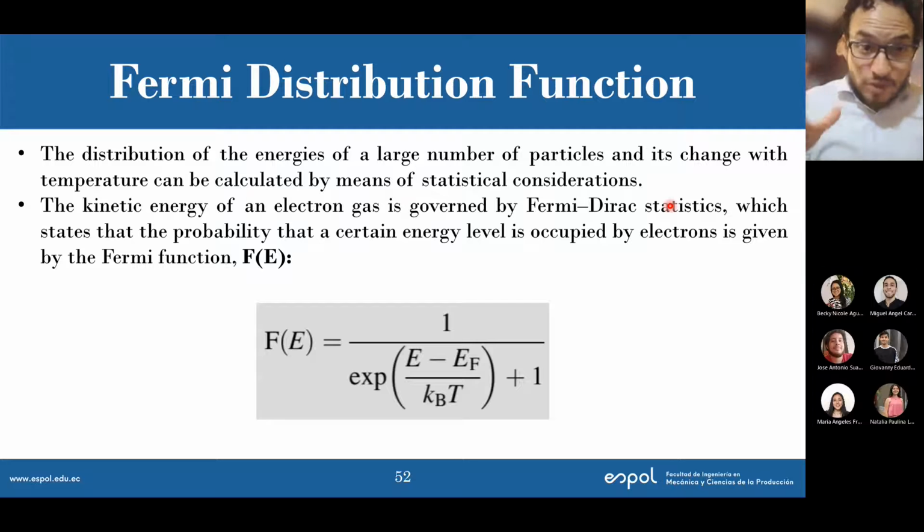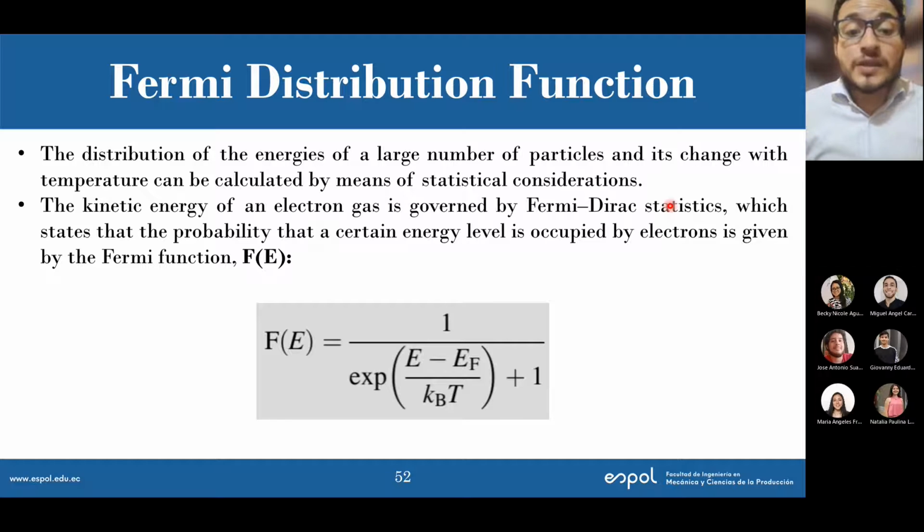This formula allows me to determine the distribution of the energies of a large number of particles, and obviously within that concept of particles we have the electrons, and also how those particles change with temperature, and how the energy changes with temperature. So that's what we're going to use.